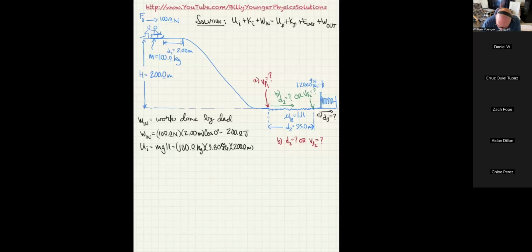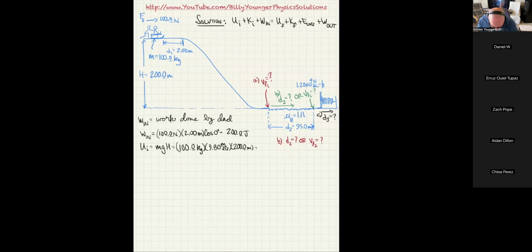200.0 meters. That gives me, whoa, Nelly, need a calculator for this. That gives me 100 times 9.8 times 200, or excuse me, 2.00, not 200. Ooh, that's what I did wrong. Hold on a second. Oh no, that was mgh, so that's cool. I'm sorry, I forgot.